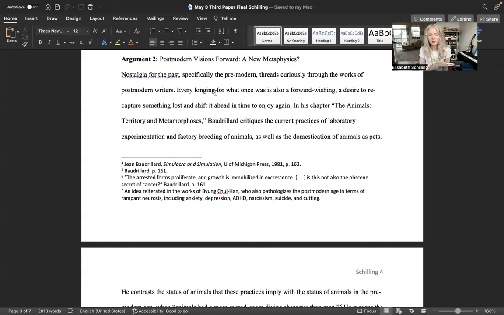When you think about the pre-modern, it is anti-materialistic in a sense that it's not so controlled by profit and power, although of course, when you think about conquest and colonization and things like that.